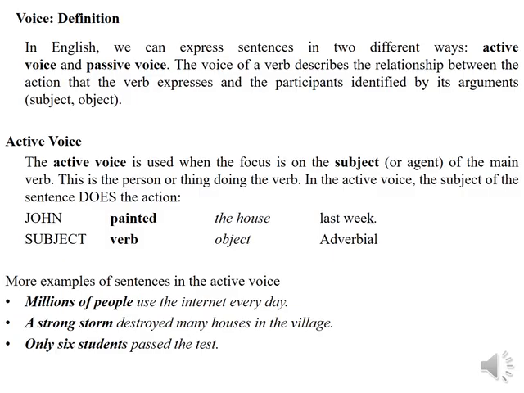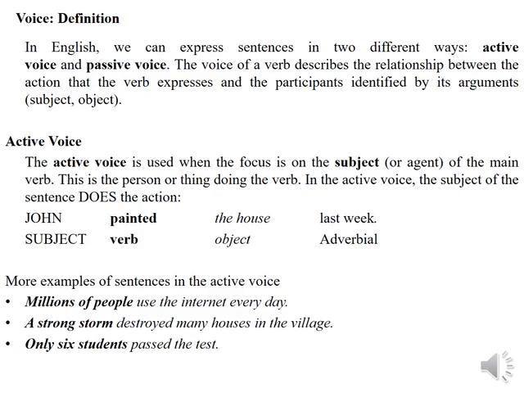Before I go into the definition of active voice and passive voice: in English, we can express sentences in two different ways, which are active and passive. The voice of a verb describes the relationship between the action that the verb expresses and the participants identified by its argument, that is, subject and object.